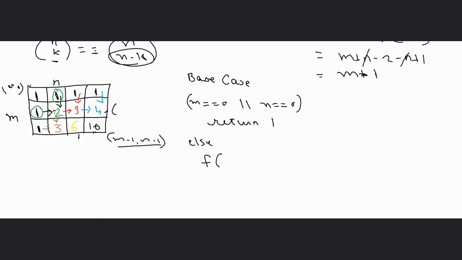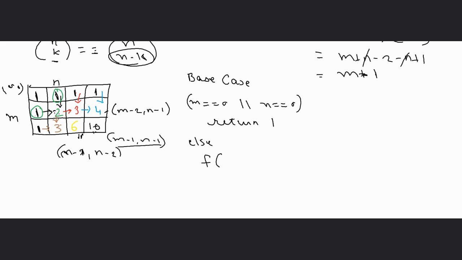The value for this cell is m minus 2, n minus 1. The value for this cell is m minus 1 and n minus 2.